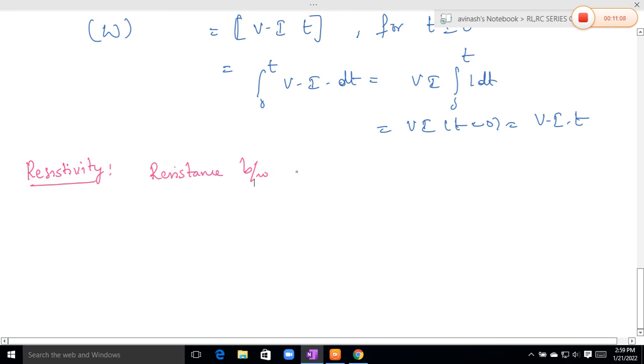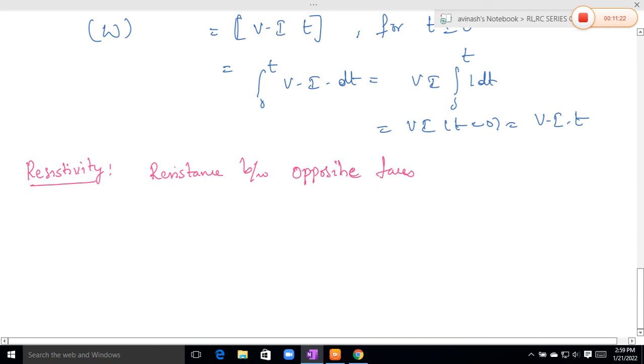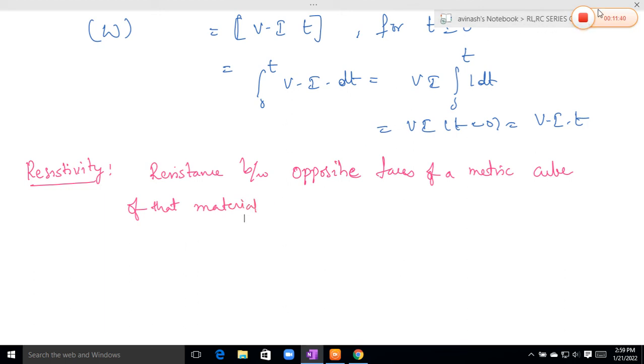We will see this derivation in the next class.